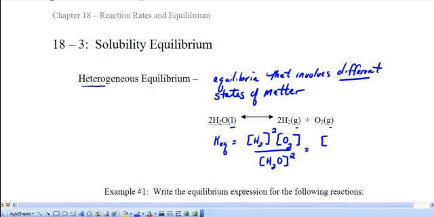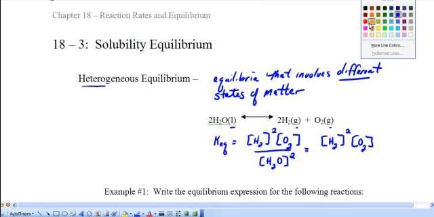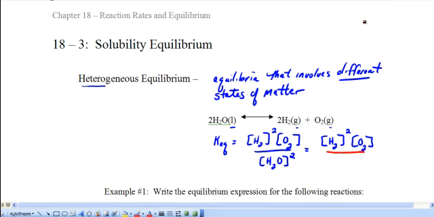So if we rewrite this as hydrogen squared times the oxygen raised to the first power, I'm going to change this over to red just to show the difference here. So this one is what we're looking at. This water concentration is not going to change, so we're just going to call it a constant, C. And so since this is constant, we can wrap it up with the equilibrium constant KEQ.